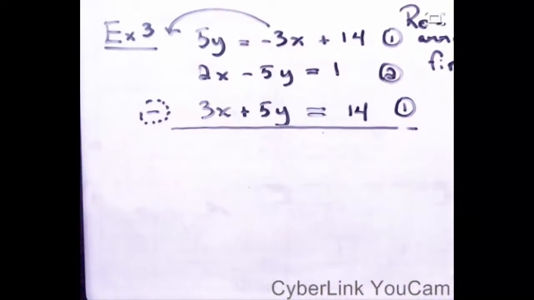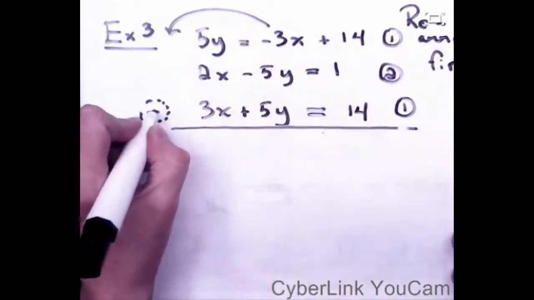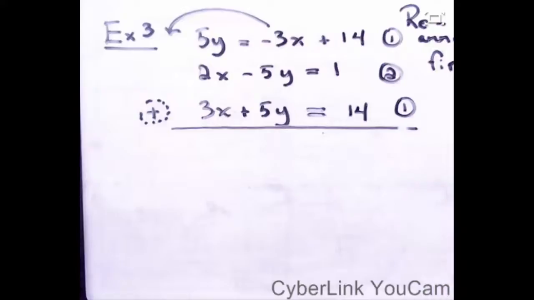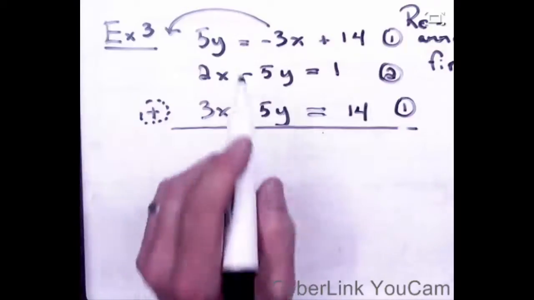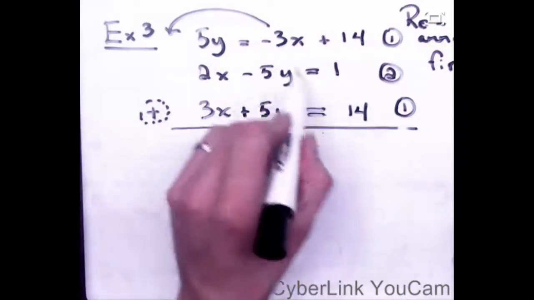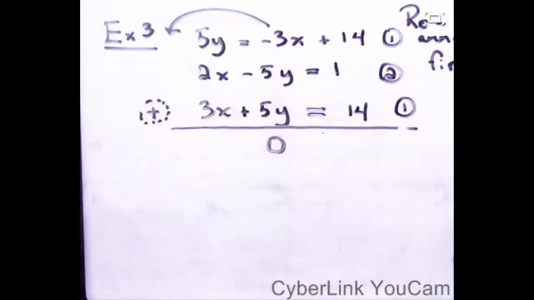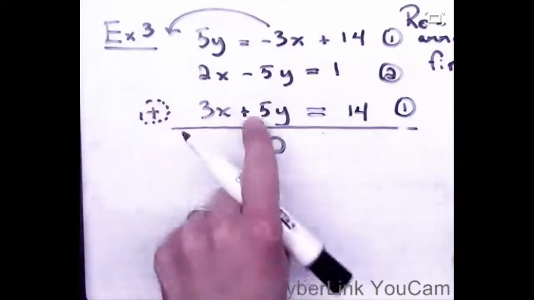A trick or a rule for remembering: if these signs are different, you need a positive here. If the signs are the same, you'll put a negative. Minus, plus, plus. That's going to work out. So minus 5y plus 5y, I will have 0. I'm down 5y's, I add 5y's, I have 0.